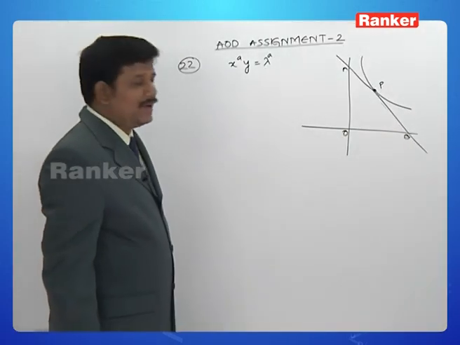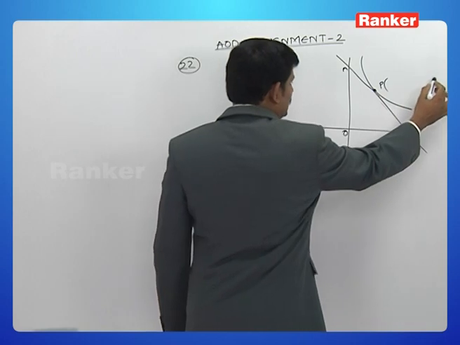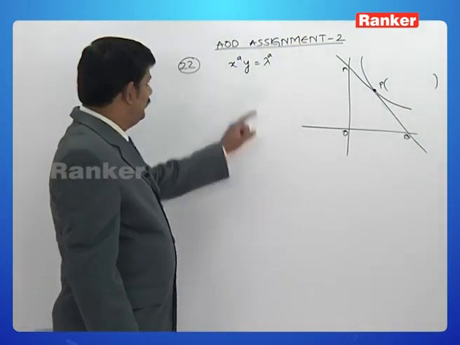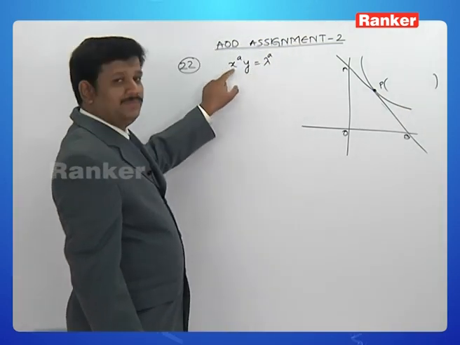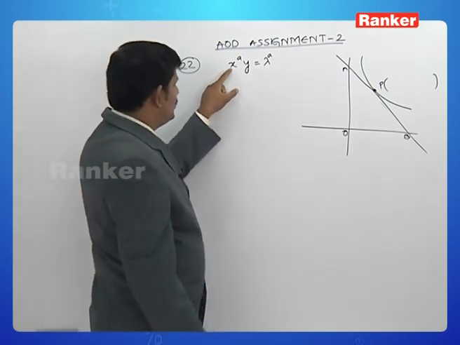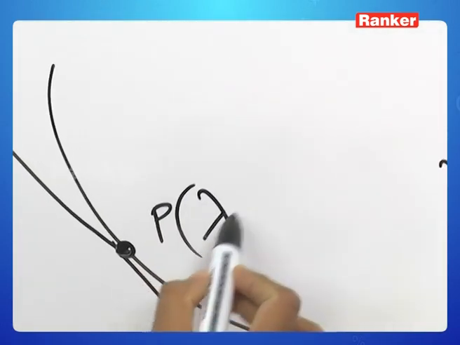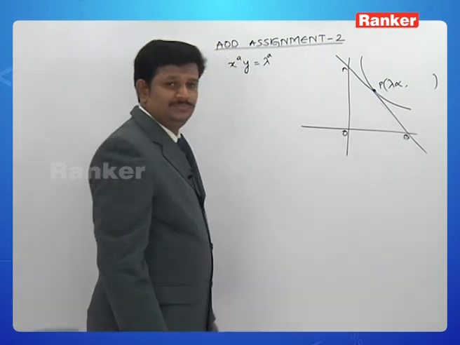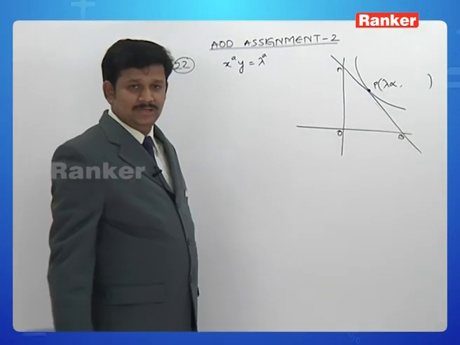P is any variable point on the curve x^a y = λ^a. Let us assume it parametrically in terms of a single parameter. We can see λ^a and x^a here, so let me assume the x coordinate to be λα, where α is a parameter.